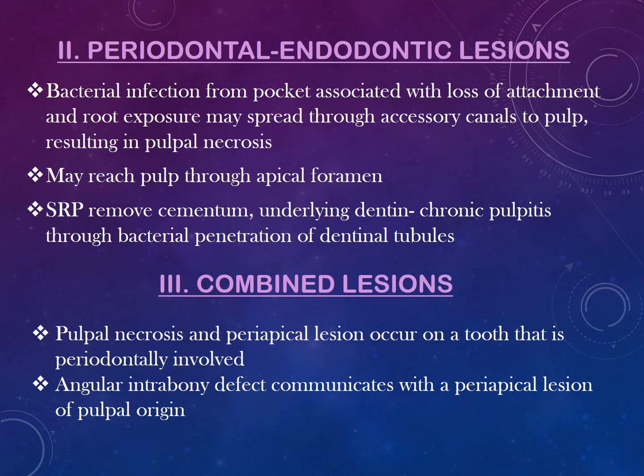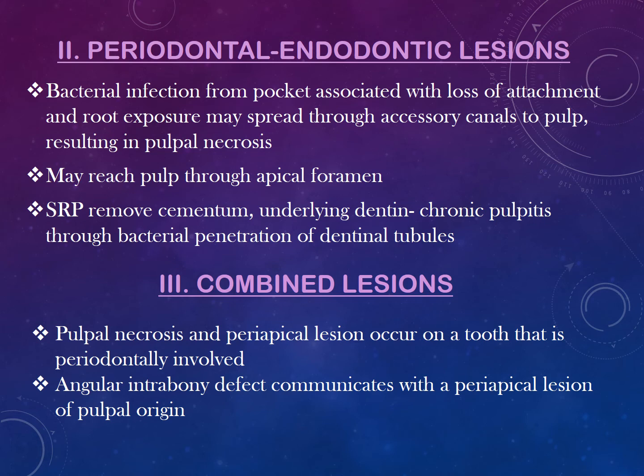Periodontal-endodontic lesions. In these lesions, the periodontal lesions will precede the pulpal necrosis. So the bacterial infection from the pocket associated with loss of attachment and root exposure may spread through accessory canals to the pulp, resulting in pulpal necrosis. It may also reach the pulp through the apical foramen.